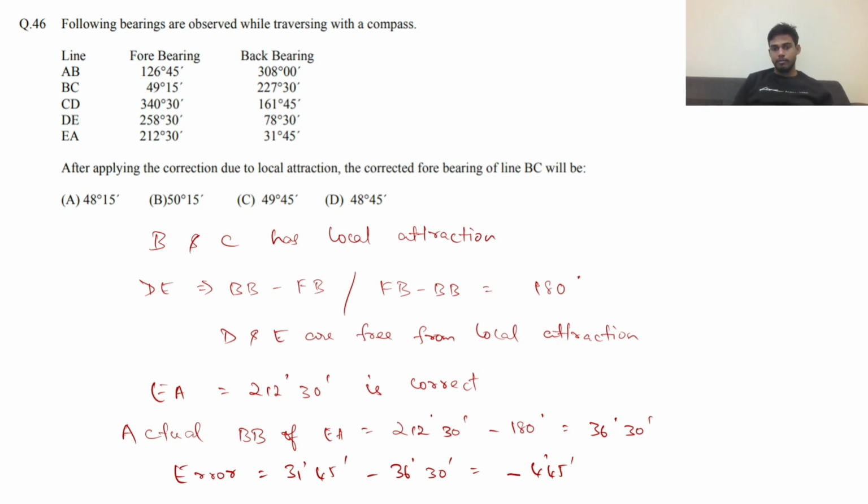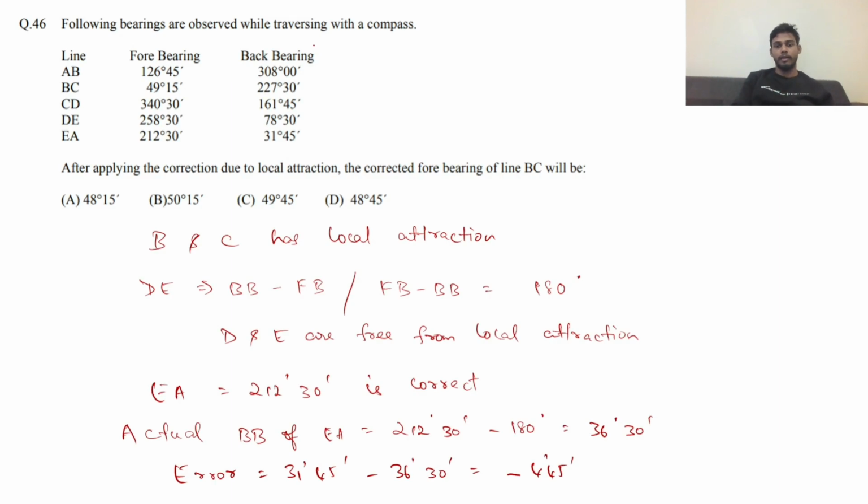The error is negative, so the correction will be positive. So the correction is equal to positive 4 degrees 45 minutes. It is nothing but we have to add 4 degrees 45 minutes to the back bearing of EA.